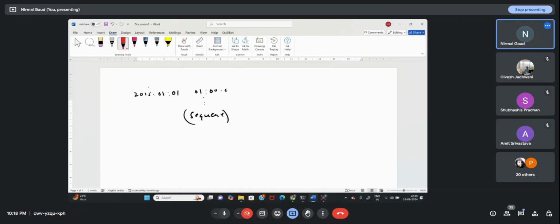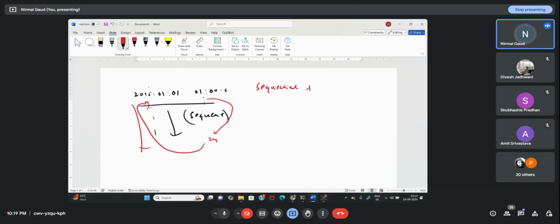That means this entire date is in a sequence. Once your hours are finished, 24 hours are over, the date will change. So you are having sequential data, remember, sequential data.